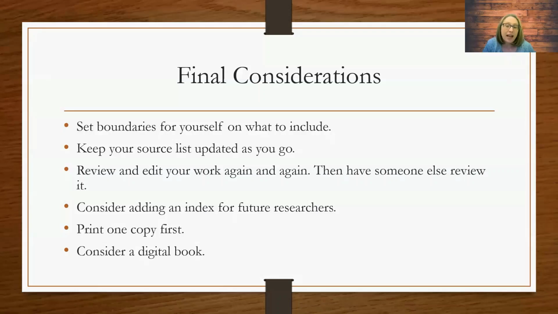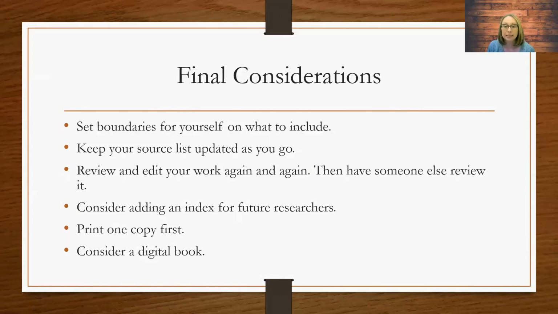Also, you could consider adding an index for future researchers. If your work is pretty extensive, if it ends up being something larger, and there are a lot of family members in there, a number of family groups, then you might want to include an index about who's in the book, so future researchers can find those people more quickly. Most of what we're talking about here today won't need that.